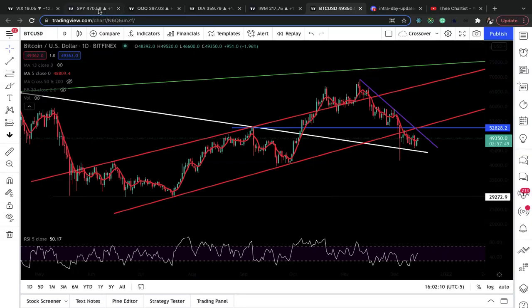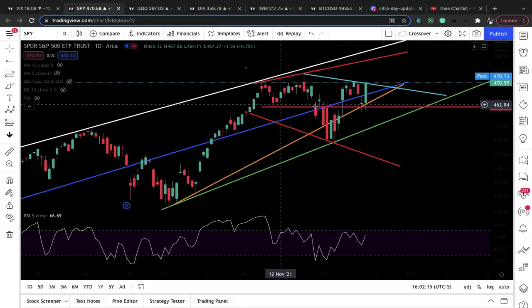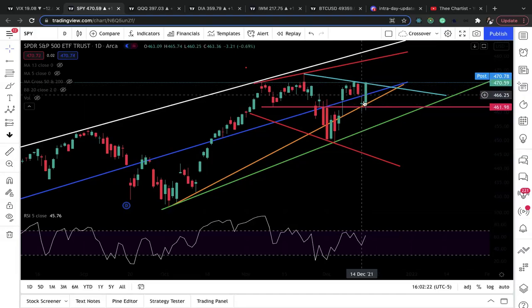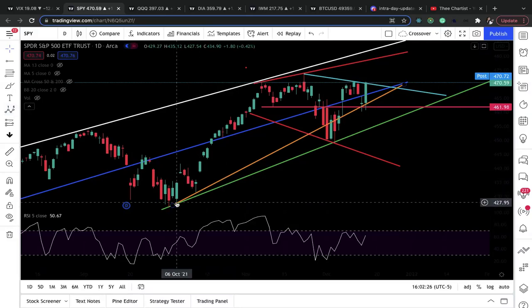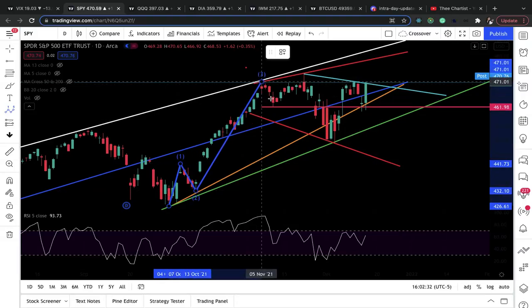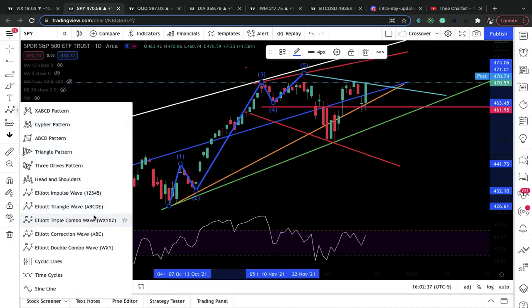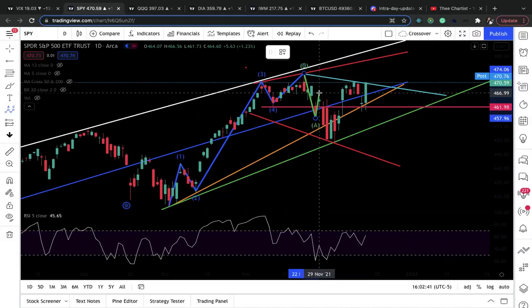All right, so bringing back to the SPY here, it's looking like not only is this an inverse head and shoulders pattern, it's looking like this was actually wave 2. Remember I talked about this was a wave 1, 2, this was 3, 4, and 5, and then I talked about how this was potentially an ABC pattern to the downside.